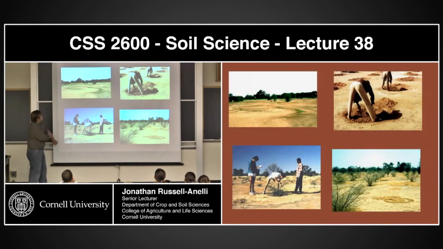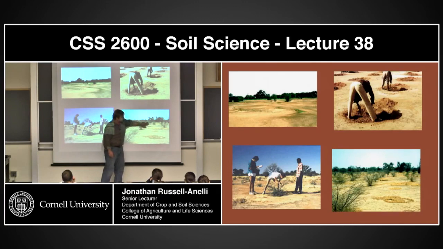Here's a scenario, a sequence of events. This is what the landscape looked like. This is what they then did, where they basically dug a lot of holes and planted plants fairly regularly.